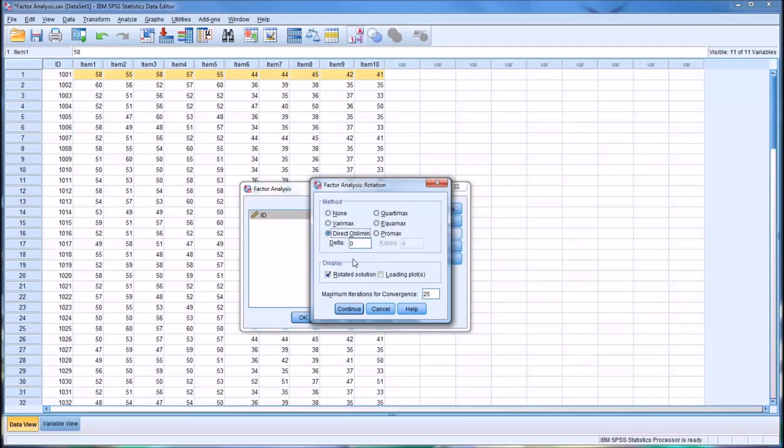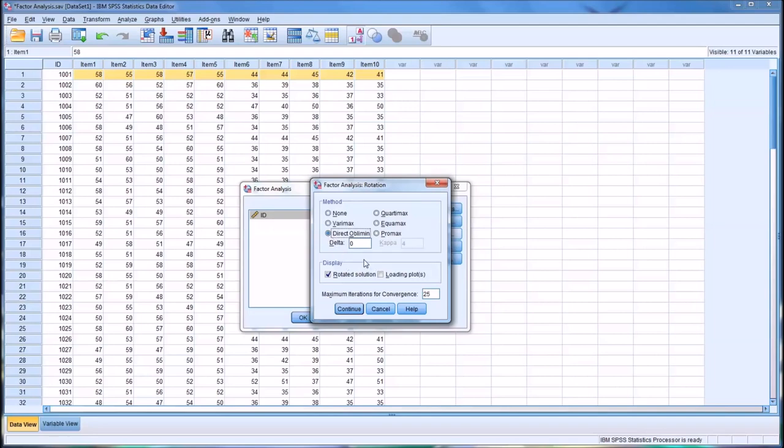We know that in this particular instrument, we believe that the depression-related items are going to be correlated to one another, and we believe the anxiety-related items are going to be correlated to one another, but also those two groups of items are going to be correlated to each other. So, for example, item 7 still might be related to item 4, even though they load on different constructs. So in social sciences, I tend to use oblique rotations, and I chose the direct.